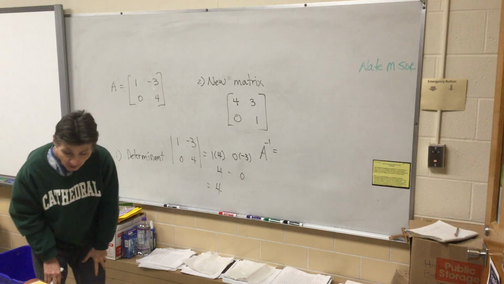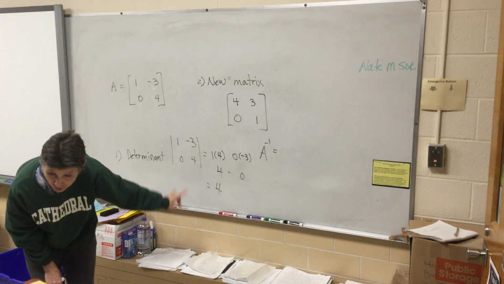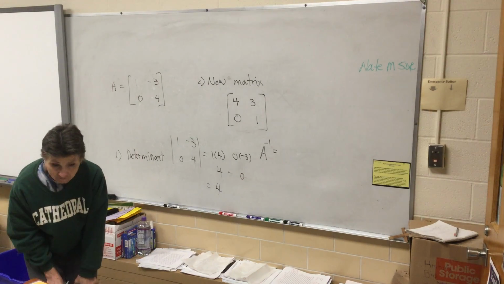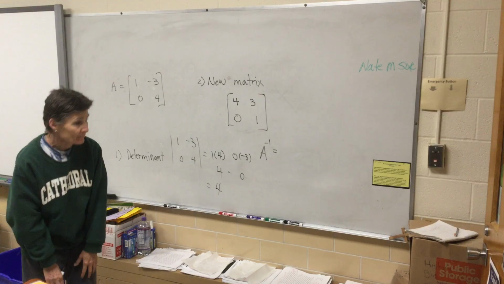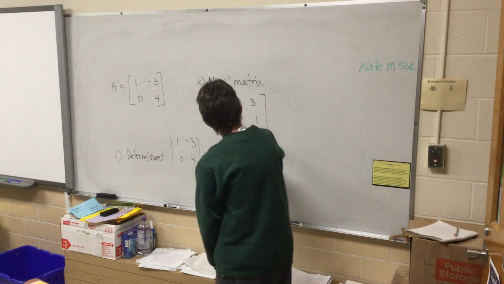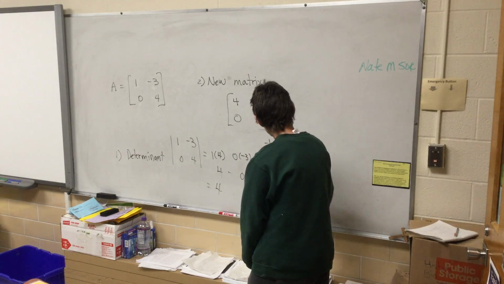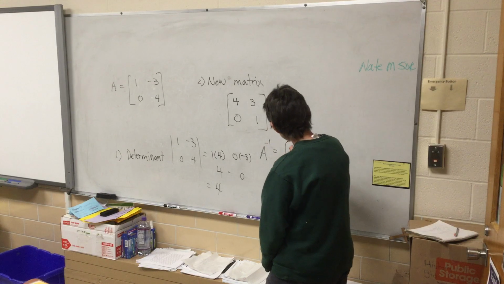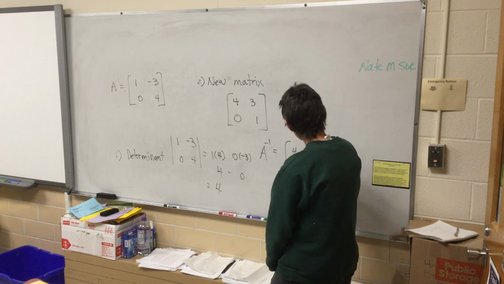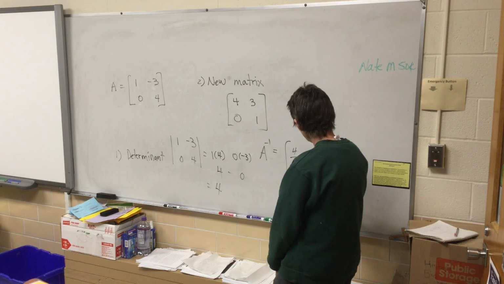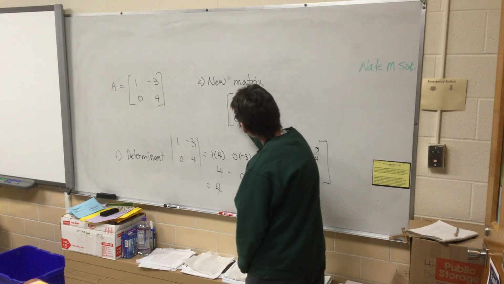And then what do we do to get our final answer? Put these two together. How do they go together? Divide by the determinant. Exactly. So we take each of these and put them over the determinant. So that first one's going to be 4 over 4, 3 over 4, 0 over 4, and 1 over 4. Each of these numbers over 4.